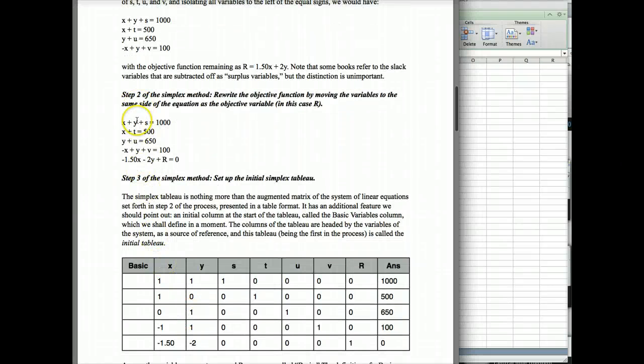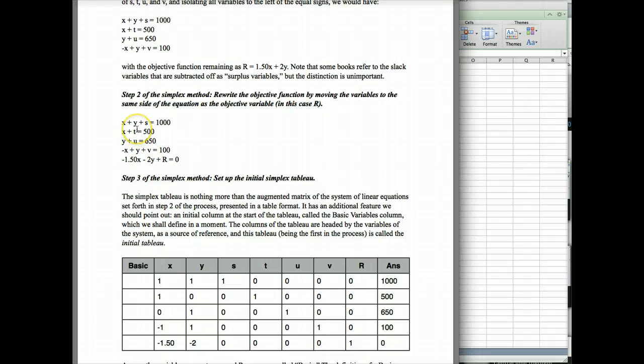For example, if we go straight down, the x's: x is 1, 1, there's no x in the third equation, a negative 1x in the fourth, and a negative 150 in the last. So it's really like setting up our matrices, which is how these relate to matrix addition, multiplication, and all the matrix operations.